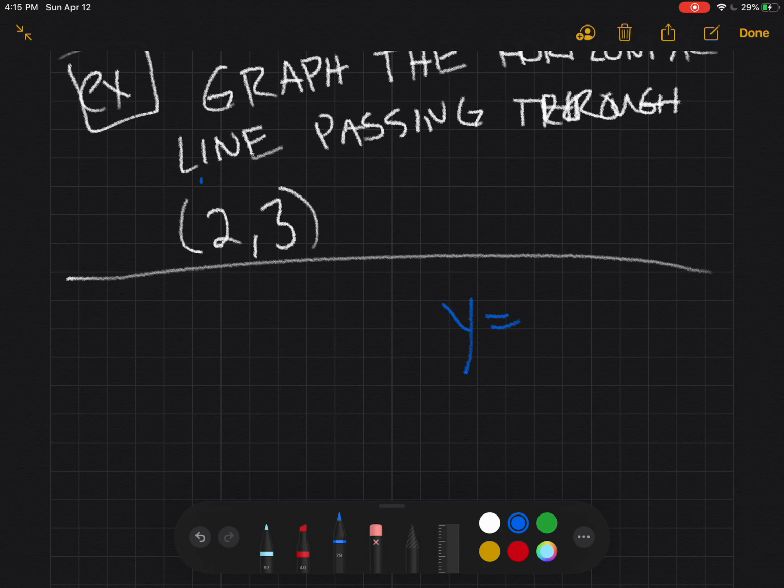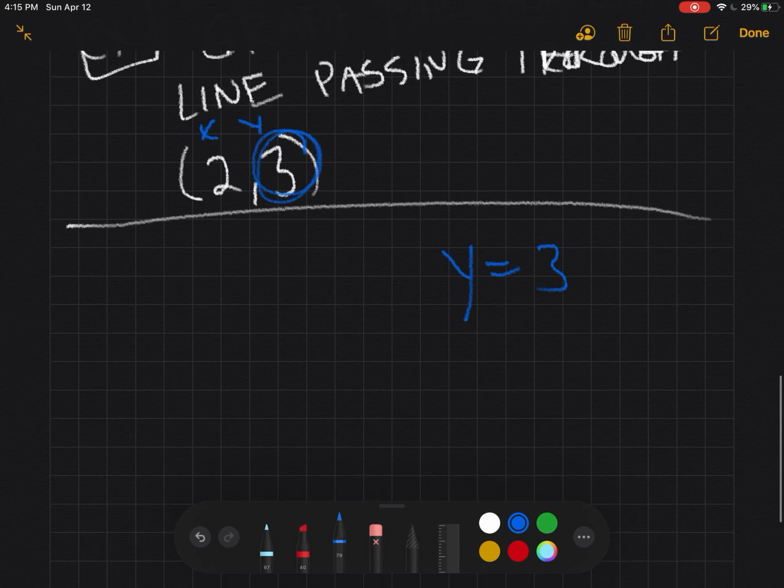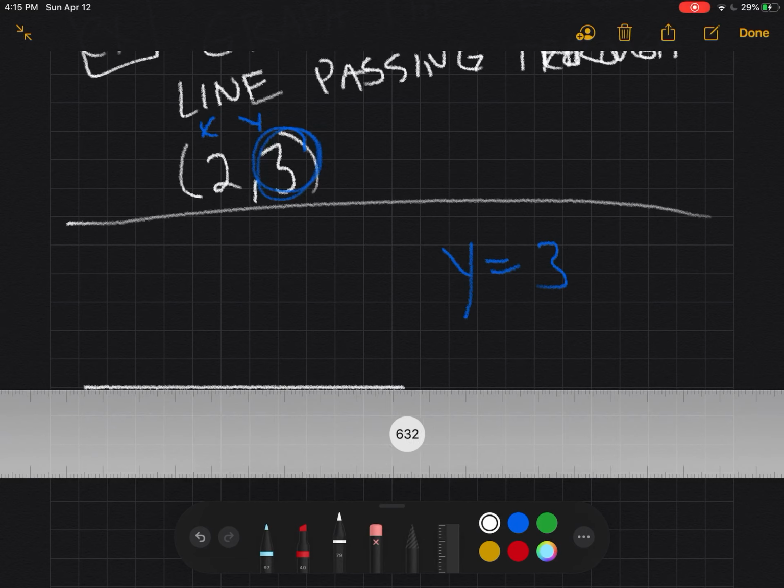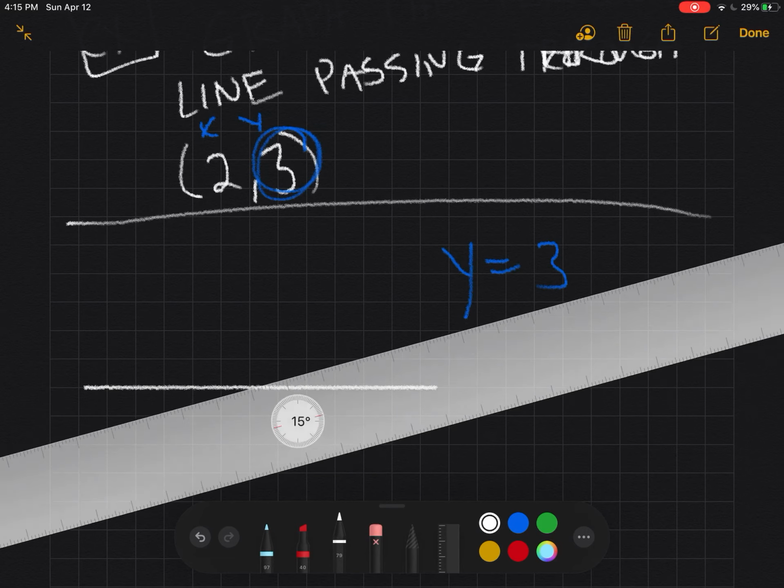What you want to remember here is that your equation is going to look like my answer in blue so you can see. Your equation is going to look like y equals something. So in here you have your x and your y. It's going to be y equals 3.